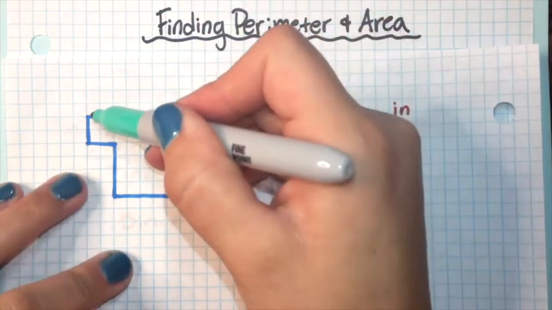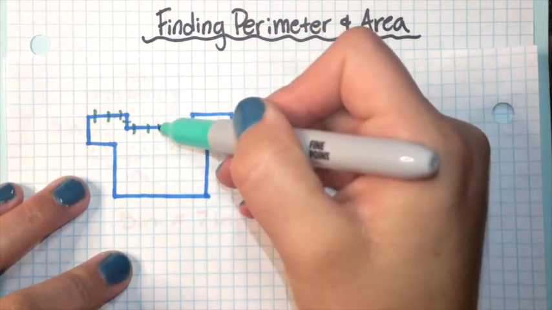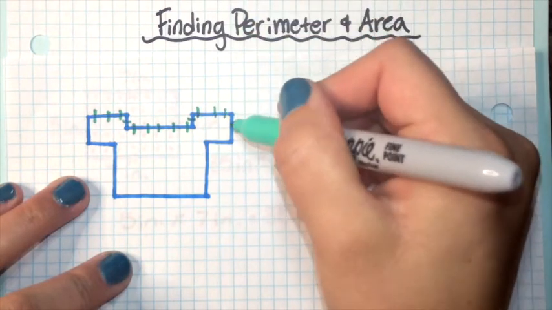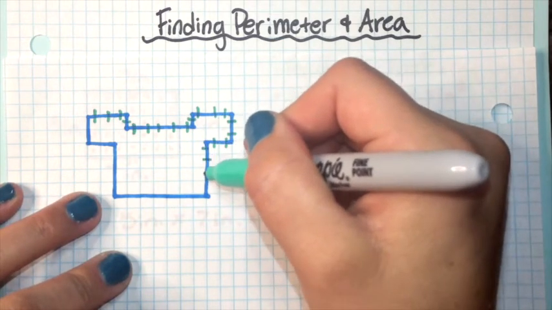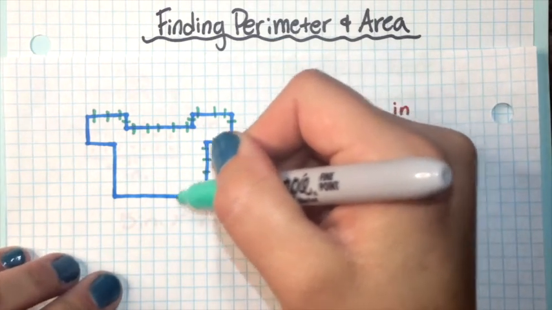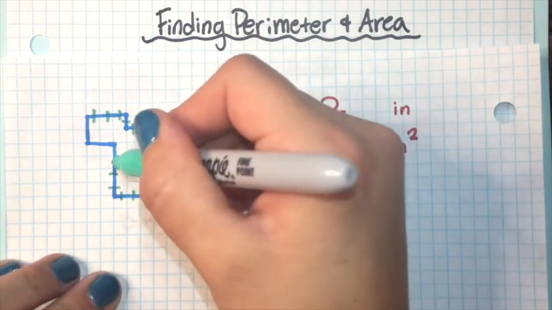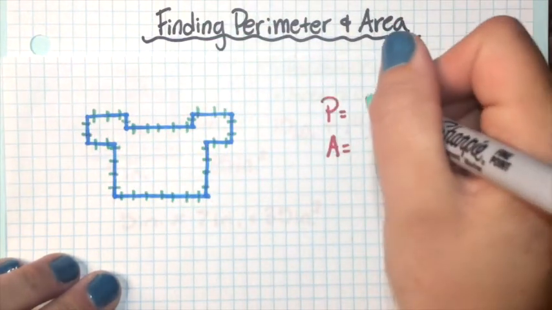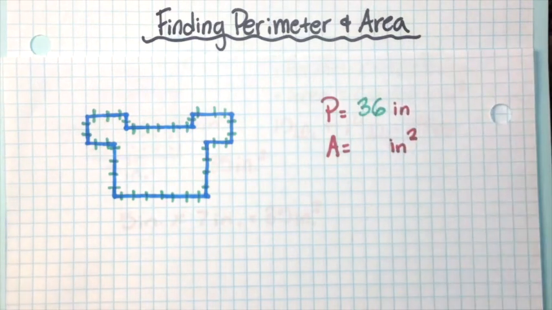I can just start here. 1, 2, 3, 4, 5, 6, 7, 8, 9, 10, 11, 12, 13, 14, 15, 16, 17, 18, 19, 20, 21, 22, 23, 24, 25, 26, 27, 28, 29, 30, 31, 32, 33, 34, 35, 36. So my perimeter is 36 inches. It's the easiest way to do it when you have these squares.